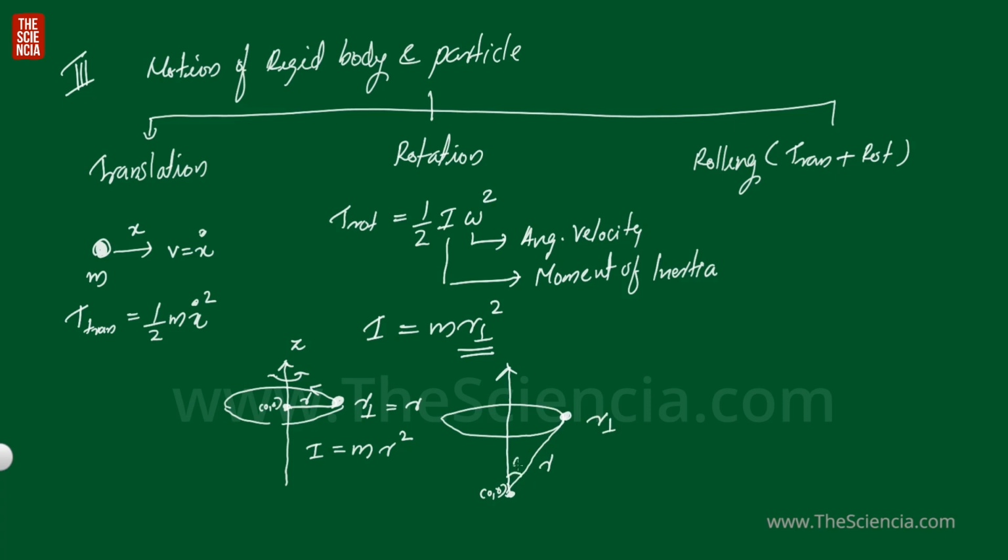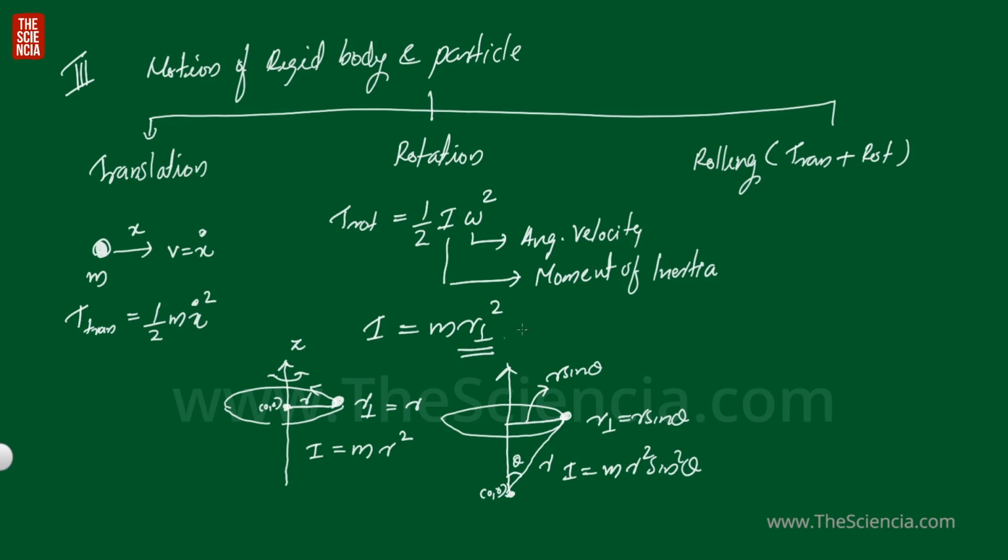Suppose this angle is theta, then r perpendicular is this one and it will be equal to r sin theta. So here I will be equal to m r square sin square theta. Okay, so be careful about this definition r perpendicular.